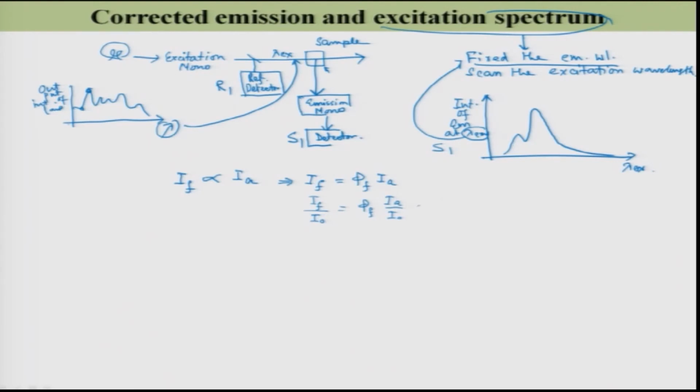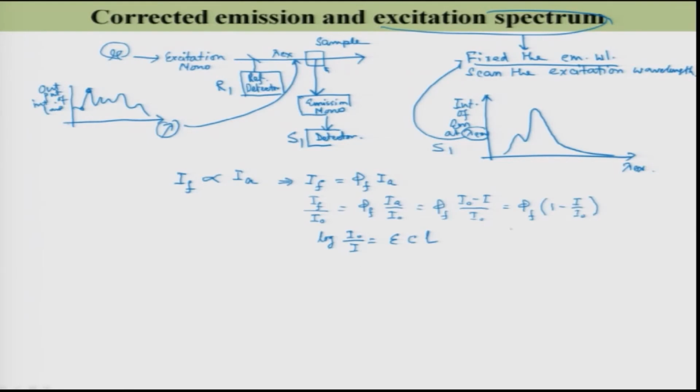So, this is equal to phi f times I0 minus I by I0, which is equal to phi f times 1 minus I by I0. And what do I know? I know log I0 by I is equal to epsilon CL, where L is the path length and C is the concentration.